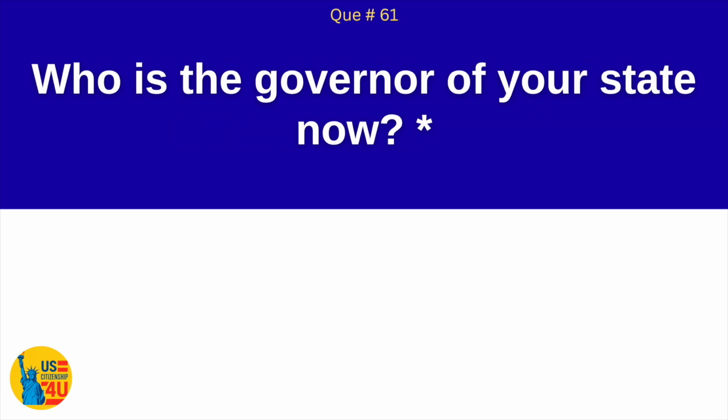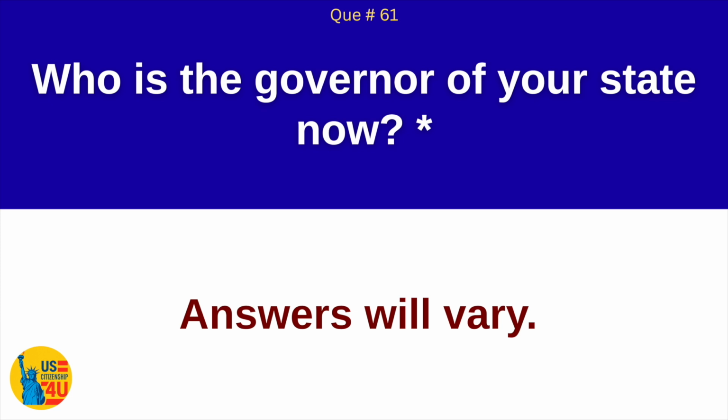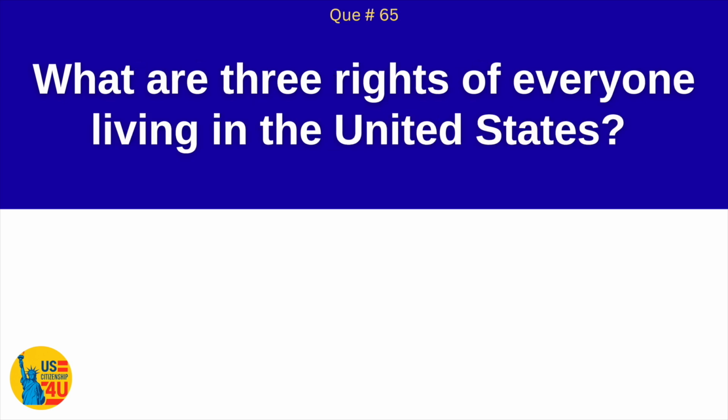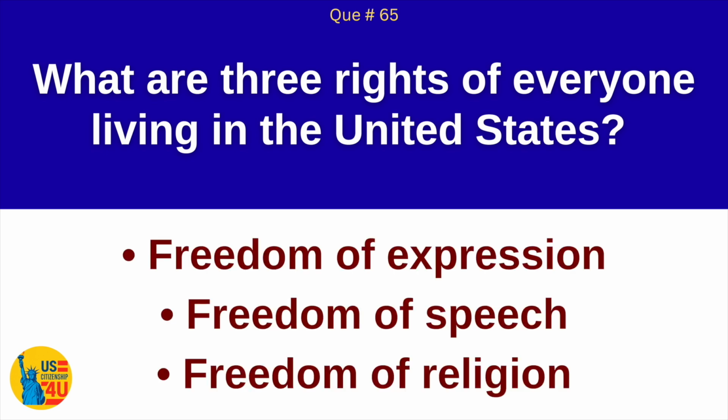Who is the governor of your state now? Answers will vary. What are 3 rights of everyone living in the United States? Freedom of expression. Freedom of speech. Freedom of religion.